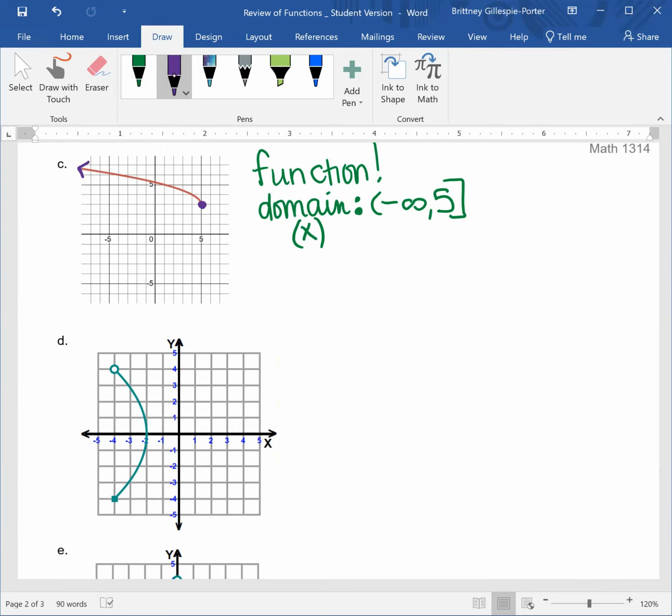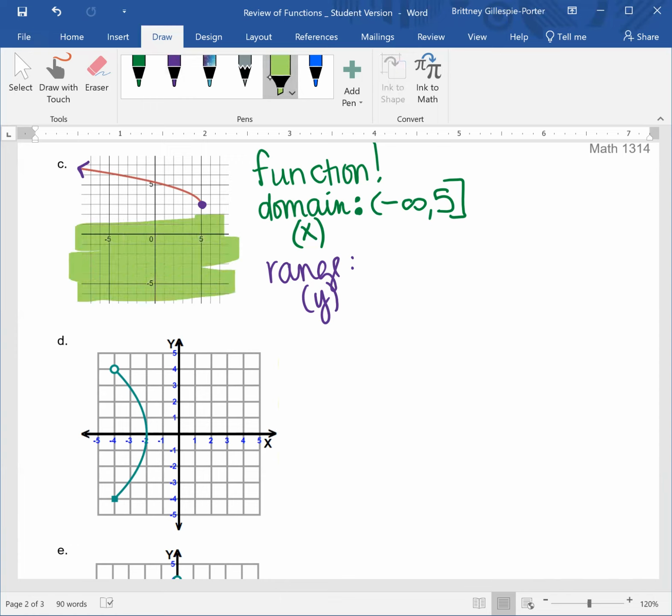Let's look at our range next. And again, range is y. Looking at our smallest value, if we're covering our graph, trying to find where we start, everything that is in green does not exist.